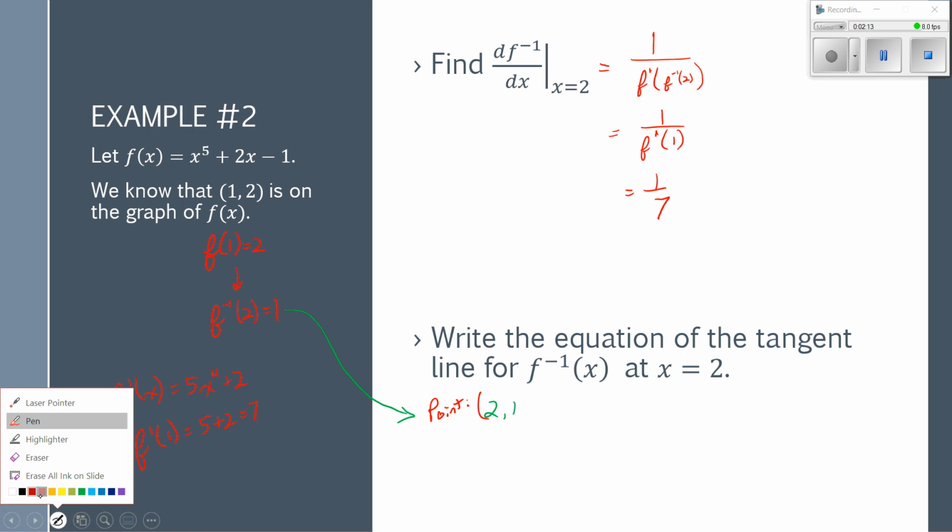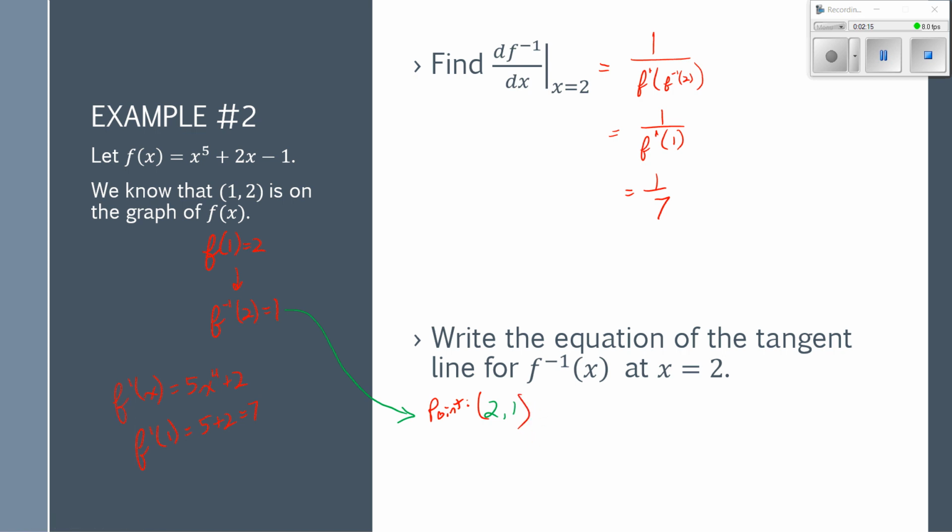And then for the slope, that's the derivative, which I already calculated, is 1/7. So my tangent line is going to be y minus 1 equals 1/7 times the quantity x minus 2. And there's the equation of the tangent.